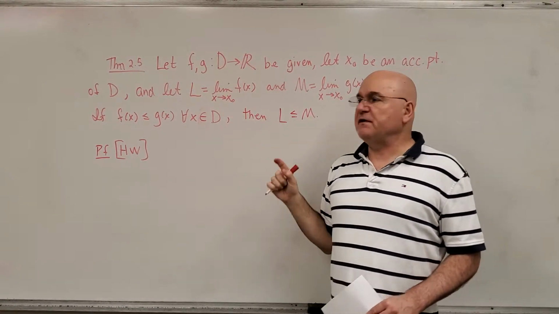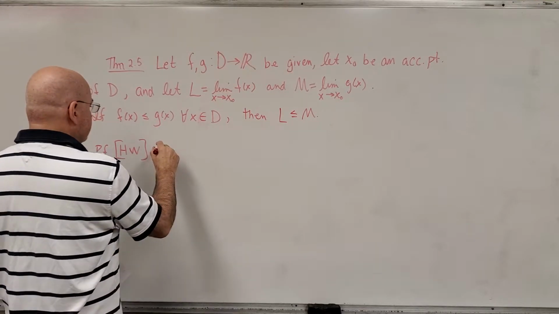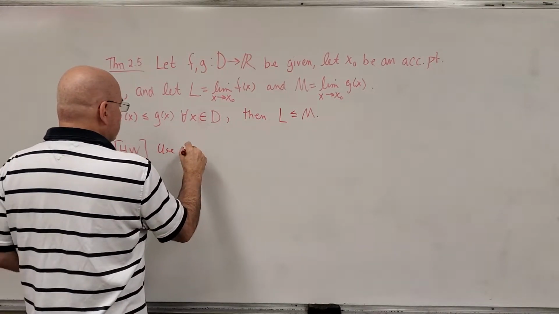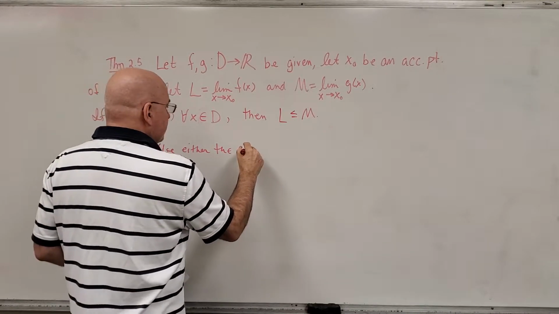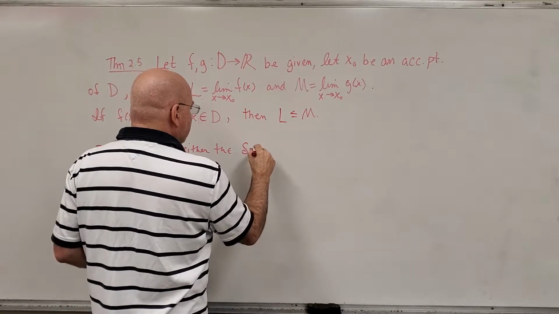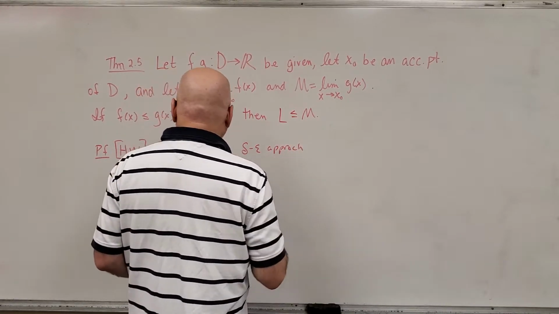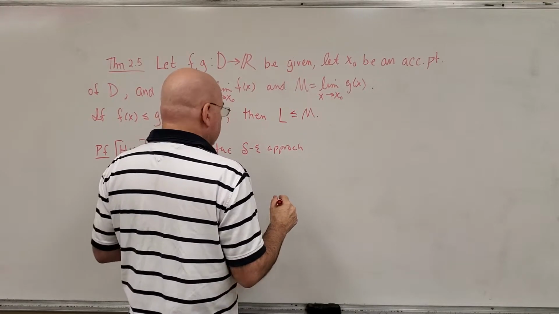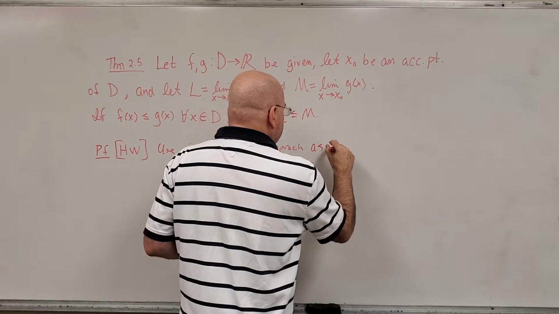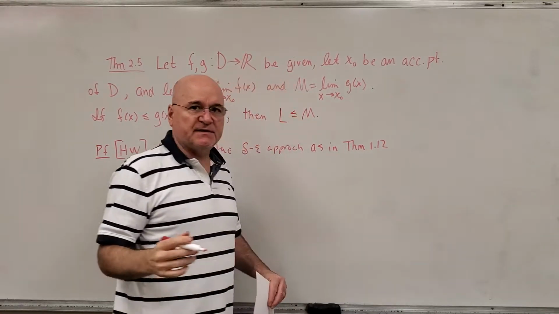The proof I'm leaving for you to do for homework, but I'll give you maybe just a little hint. Use either the definition, which means the delta epsilon approach, as in theorem 1.12 that we did for sequences.